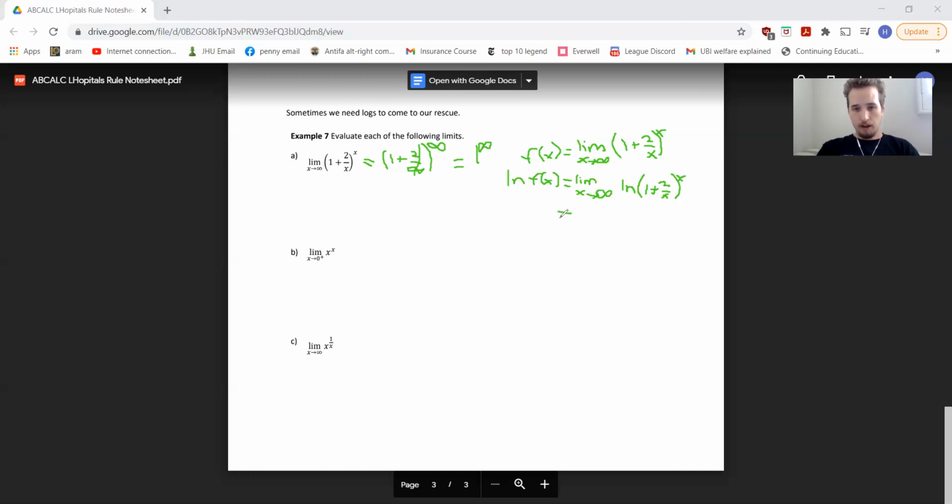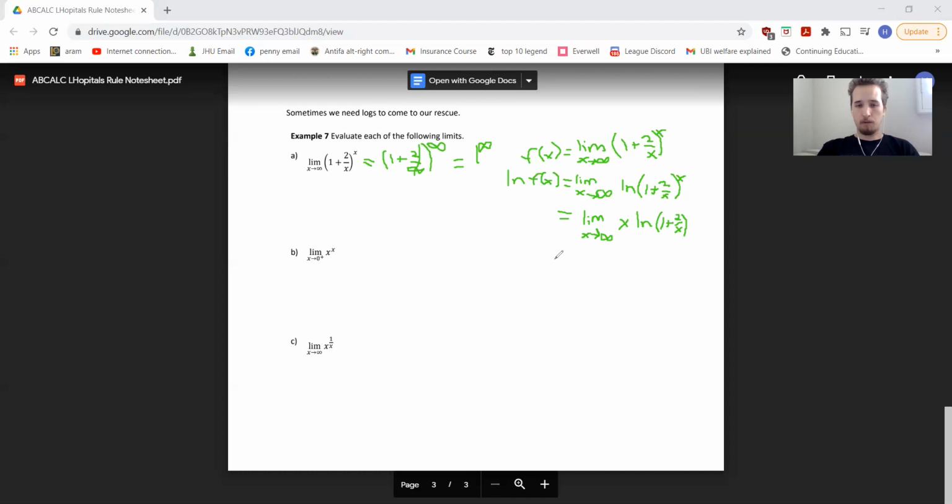But we can bring this down because of the rules of logs, or natural logs in this case. And we can bring this x out of the exponent. We get x ln of 1 plus 2 over x. Okay, so you might be thinking, wait a second, we don't really have it in the right form yet for L'Hopital's because we need a denominator, right?